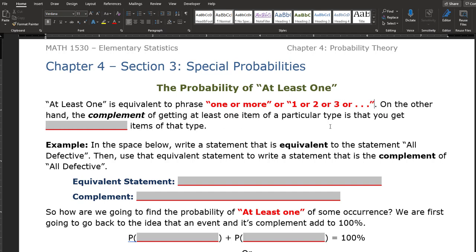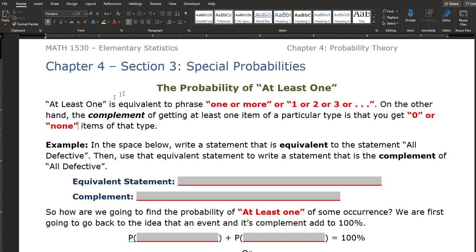Now, on the other hand, let's think about what number is actually not involved in one or more, or at least one. If you look at these values right here, the actual value that's missing from 1, 2, 3, 4, so on and so forth is the value of 0, okay? Or none of the items of a certain type, or none.